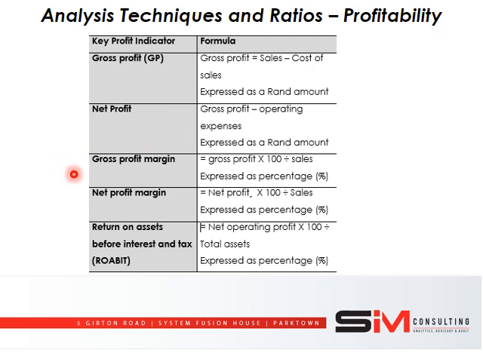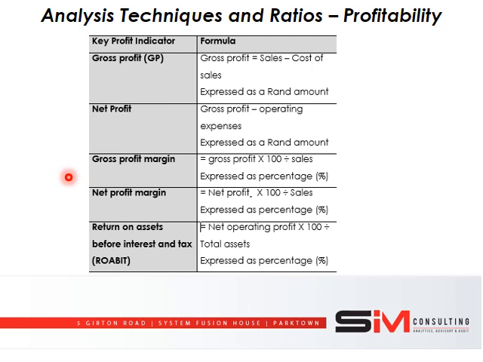Thirdly, I want us to look at a gross profit margin. The formula for gross profit margin, it's your gross profit that you have derived from this formula. You divide that with the sales, and this has to be expressed in terms of percentages.